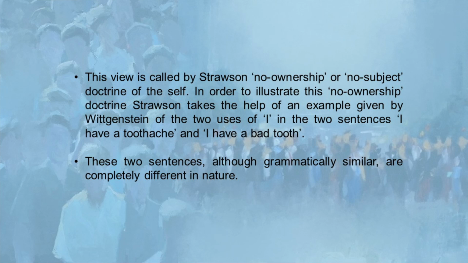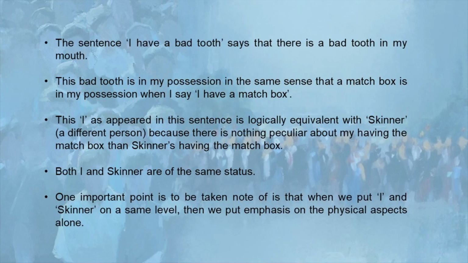I have a toothache and I have a bad tooth. These two sentences, although grammatically similar, are completely different in nature. The sentence I have a bad tooth says that there is a bad tooth in my mouth. On the other hand, the bad tooth is in my possession in the same sense that a matchbox is my possession, when I say I have a matchbox.